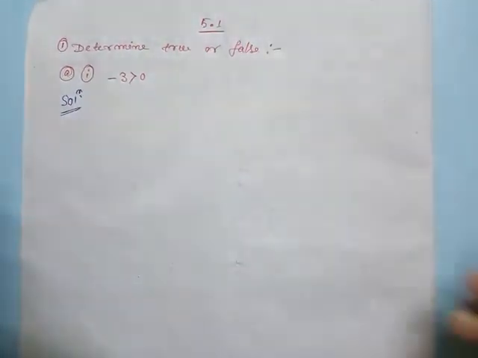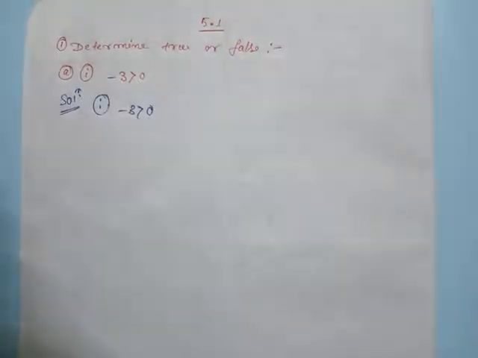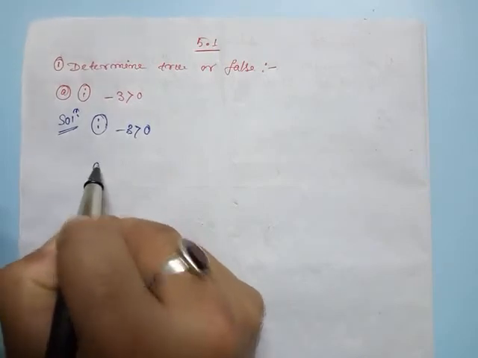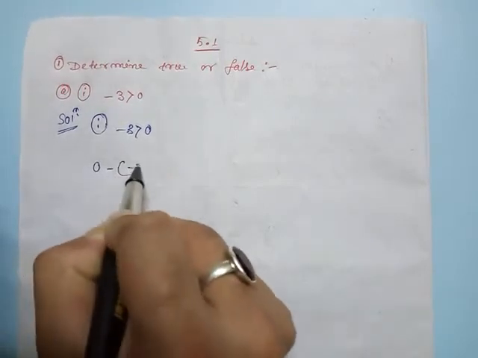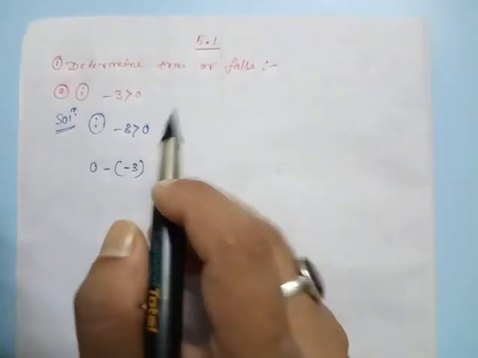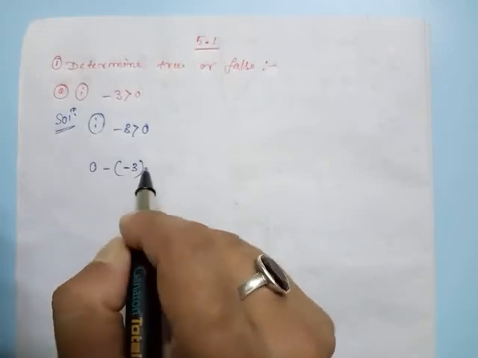First I am writing here, solution. The first question is minus 3 bigger than 0. So students, after that we'll write here 0 minus 3, which means this value minus 3 is separating from 0.